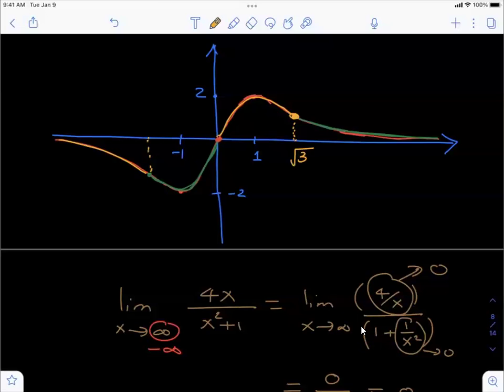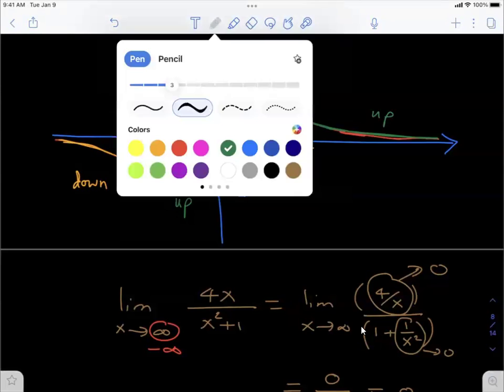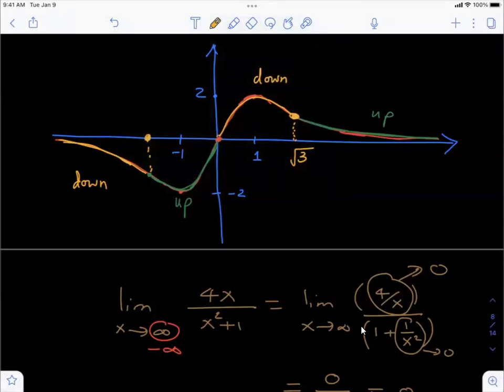And then this is the other value where we had a change of concavity, concave down to concave up. So it's down here, and concave up here, and concave up there. So that concavity change occurred, one right here, the other one is right here where the x coordinate is negative root 3, and right here the third value where you can see concave up to concave down, that is exactly 0.